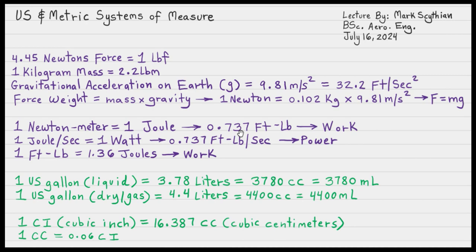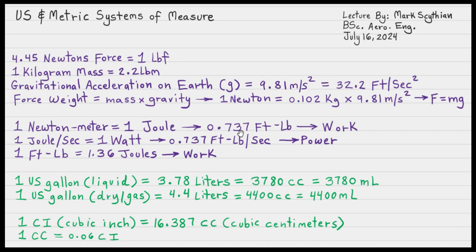Force weight is mass times gravity, so we have a constant mass value throughout the universe. It is the number of atoms and molecules or molar mass of a substance, liquid, solids, and gases especially. Now if we multiply the constant of mass times a gravity on some sort of a celestial body, it could be the Earth or the Moon or Mars or Jupiter, etc., then we have a force weight.